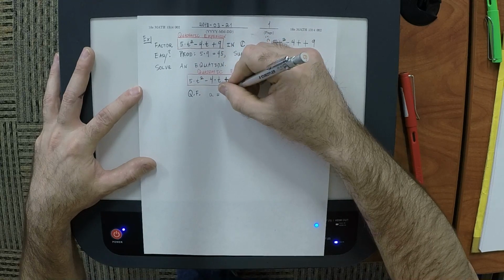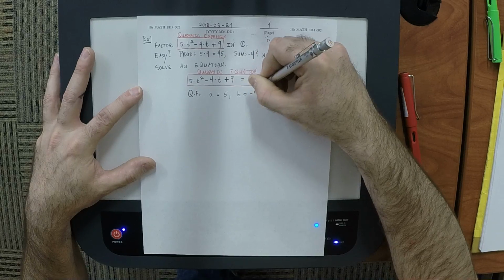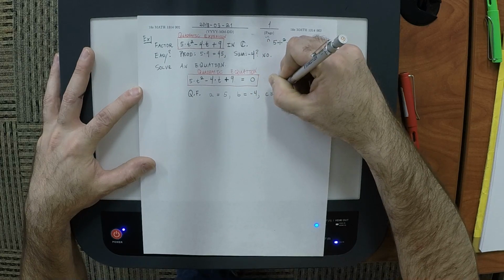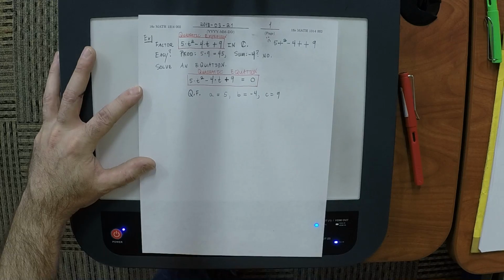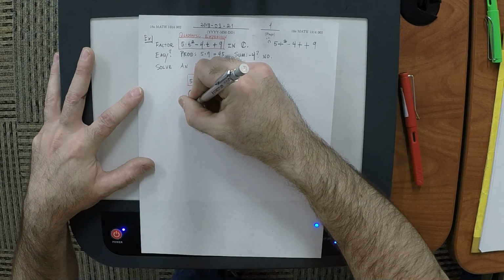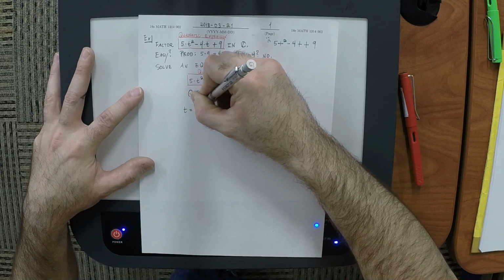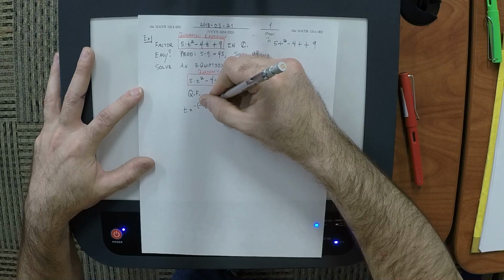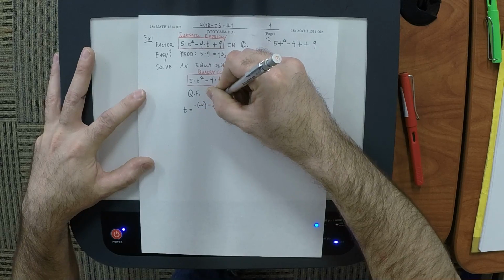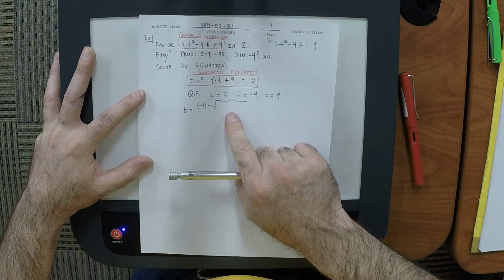The coefficients in this exercise are: a is 5, b is -4, and c is 9. The quadratic formula says that there'll be 2 solutions. One of the possibilities would be negative b, so -(-4), subtract the square root of the stuff that goes in the radical.